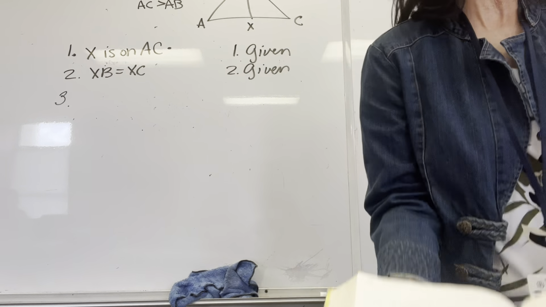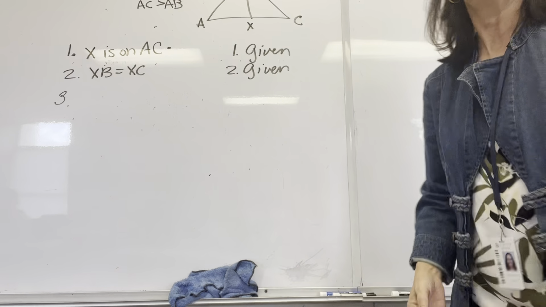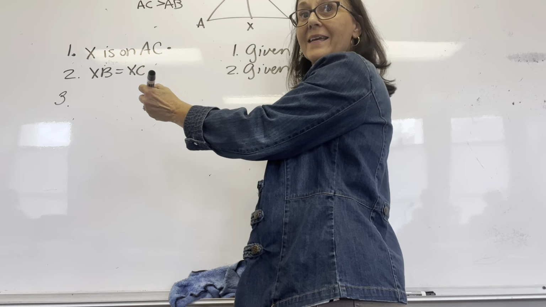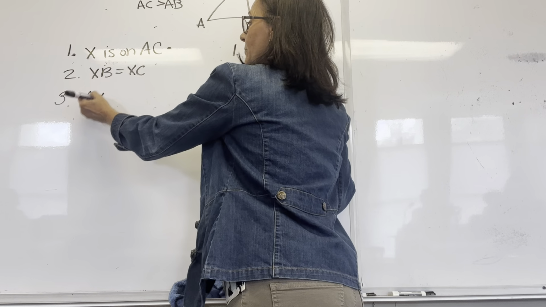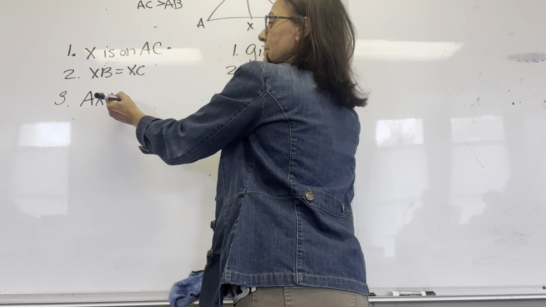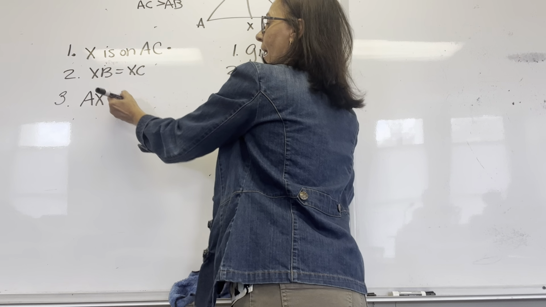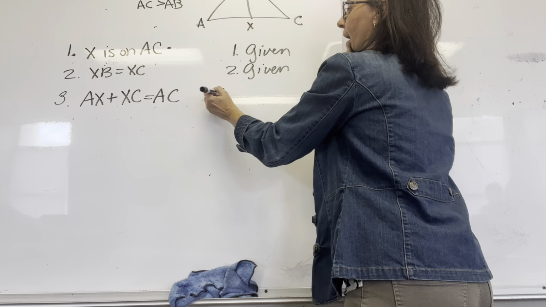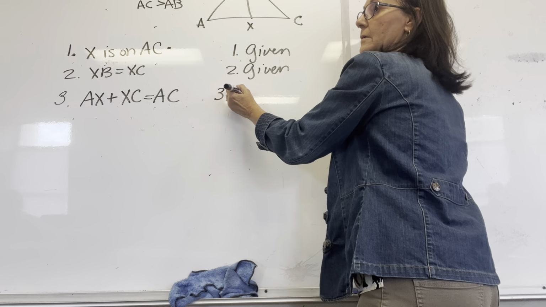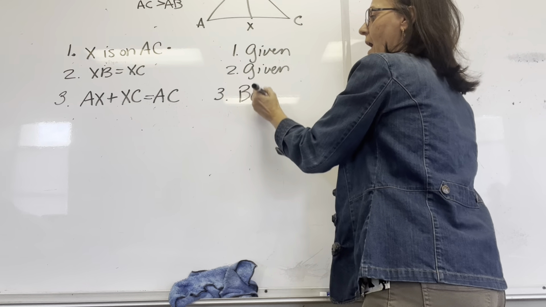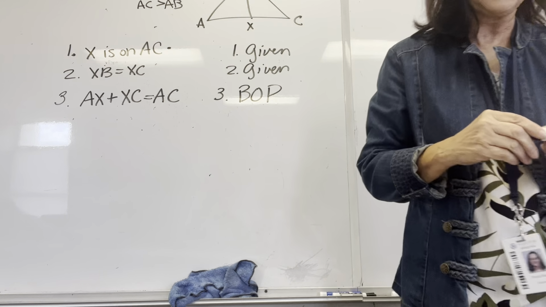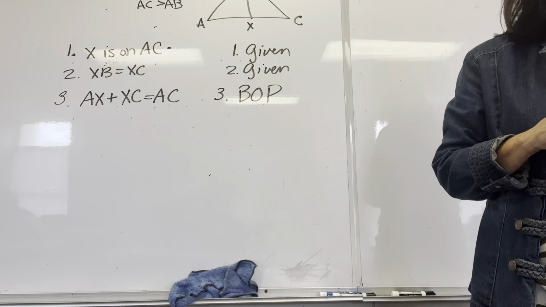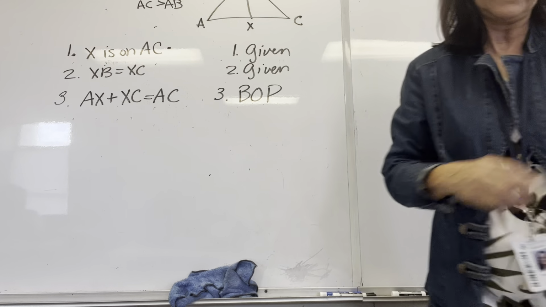If X is on AC, then AX plus XC equals AC. Why can I know that? I can know that because of betweenness of points. Got it?